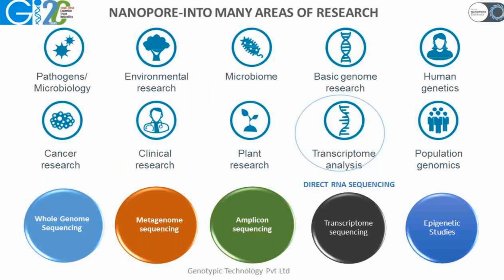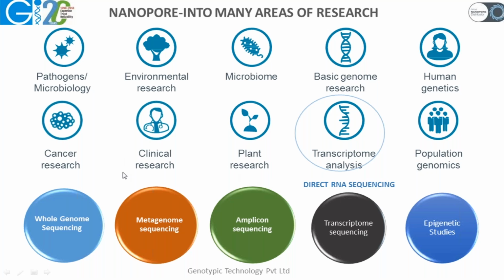Coming to the areas of research where you can use it. You can see that there is a wide area of fields where you can apply nanopore sequencing, right from pathogens or microbiology to microbiome studies, plant research, transcriptome analysis, population genomics.